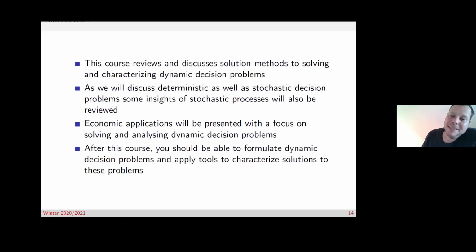And in the second step, at least be able to say which tools potentially to apply to characterize solutions to these problems. This is sometimes when it comes to finding the solution, but at least you should be able to structure the idea and to know what you would have to do. Okay, this is sometimes more than you could expect in some cases.